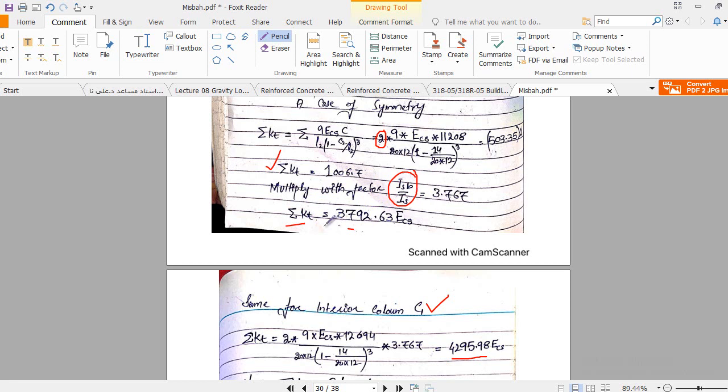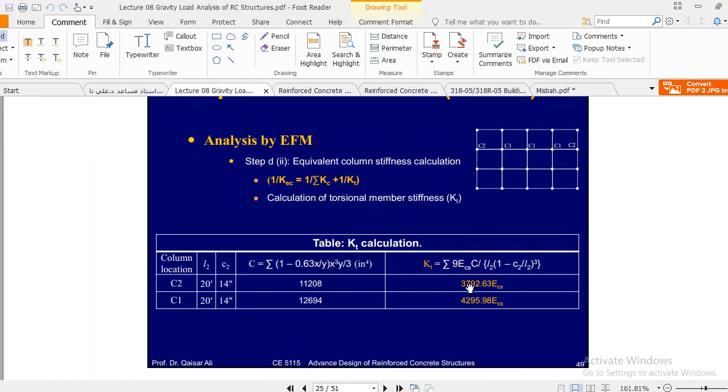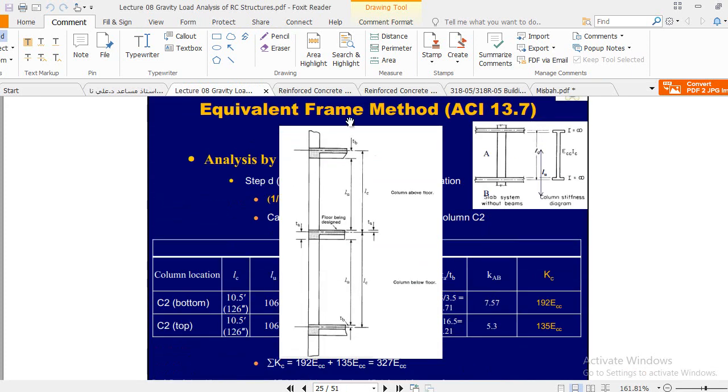Clear? So our KT will be this one for the C2 column, remember, and for the C1 column it will be this one. Clear? And you have to multiply by that factor. And here we have, you see, 3792 and 4295. Clear?